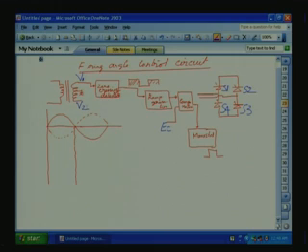V1 is positive with respect to the center tap; this is V1 and this is V2. We will talk about the firing pulse generation for S1 and S3 for the positive half cycle. The same thing can be used for the negative half cycle also.